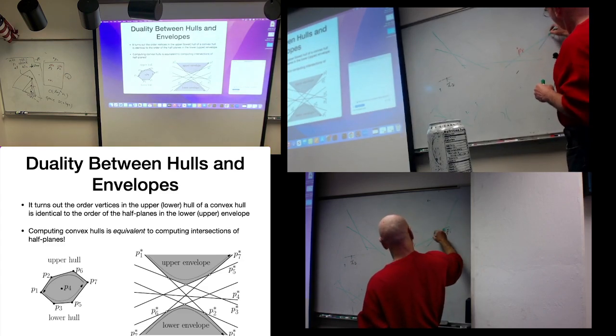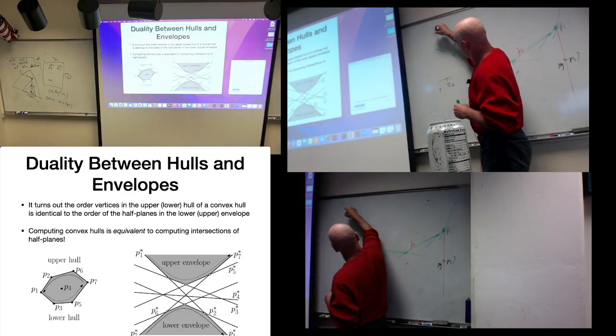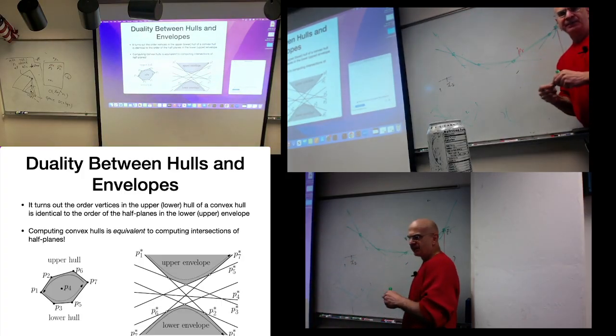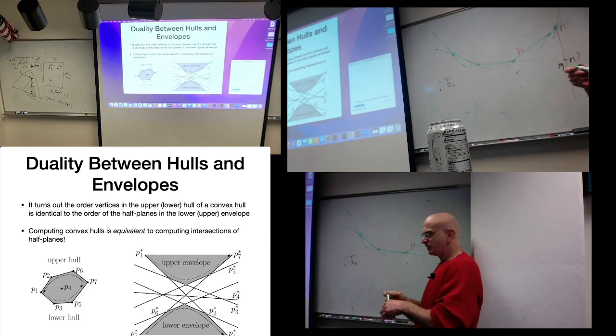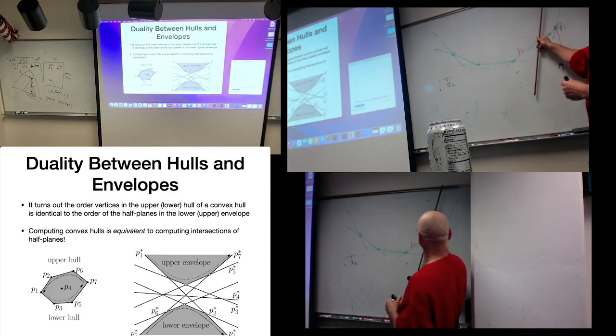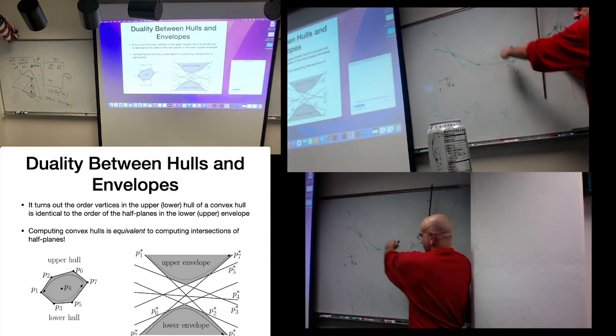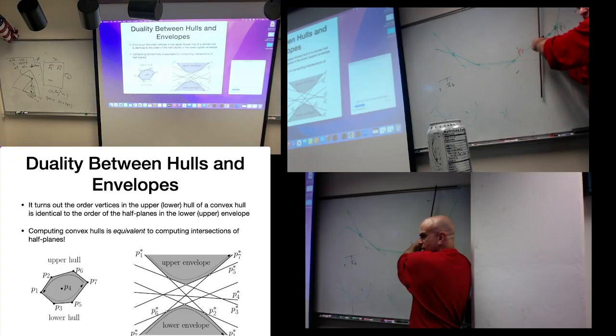So I'll store all the segments or all the vertices that I had so far in all these half planes, and I'm inserting them in increasing order. So the increasing slope, that is, the next half plane will hit this lower envelope only at a single point.